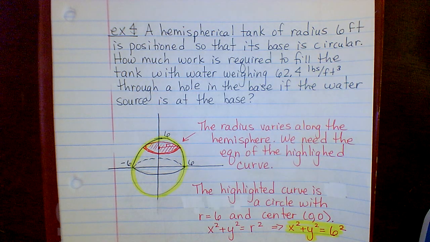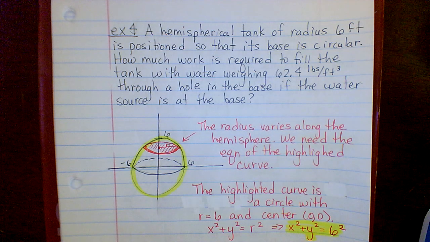So that's what it means by the base being circular: if you cut a sphere in half, that cross section is going to be a circle. How much work is required to fill the tank with water weighing 62.4 pounds per cubic foot through a hole in the base if the water source is at the base?